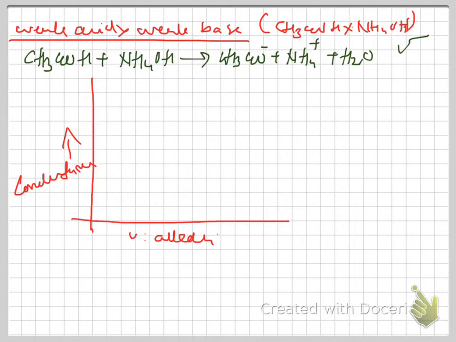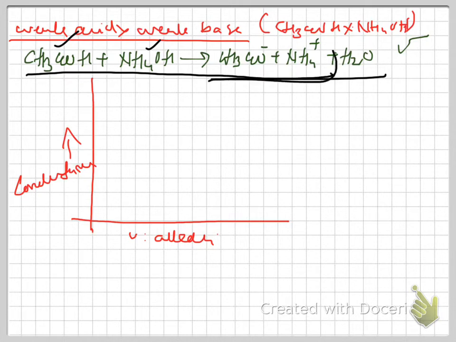That is the titration of acetic acid against ammonium hydroxide. The equation can be given like this. Both are weak, so in unionized form we have written them. But the salt is an electrolyte and ionized, while water is unionized.